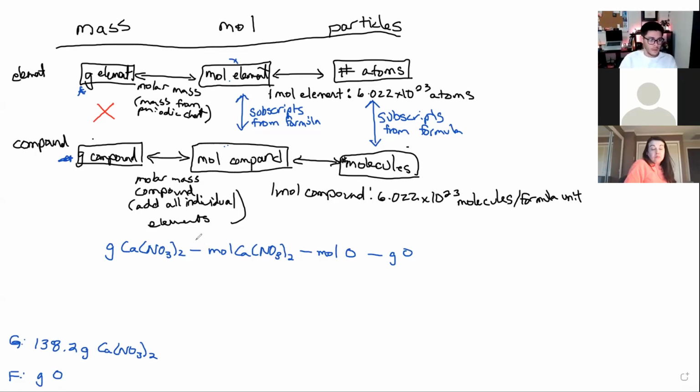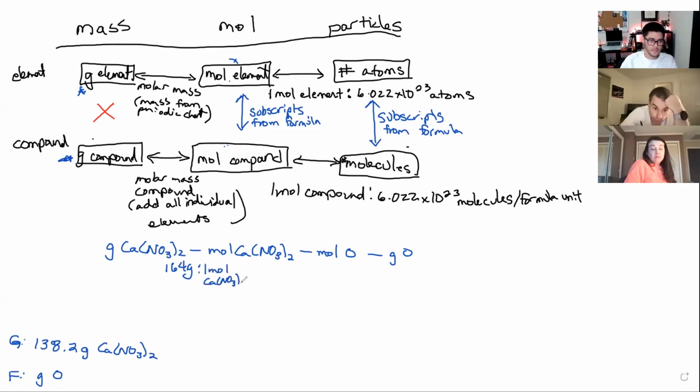All right, the molar mass of calcium nitrate is 164. So 164 grams for every 1 mole of the CaNO3 2. That goes in this step here.